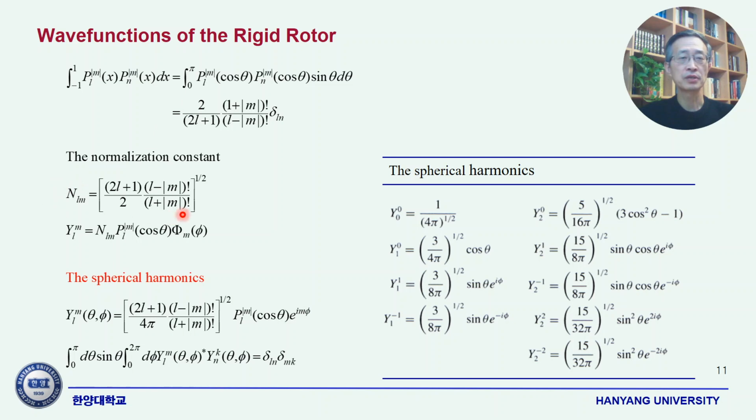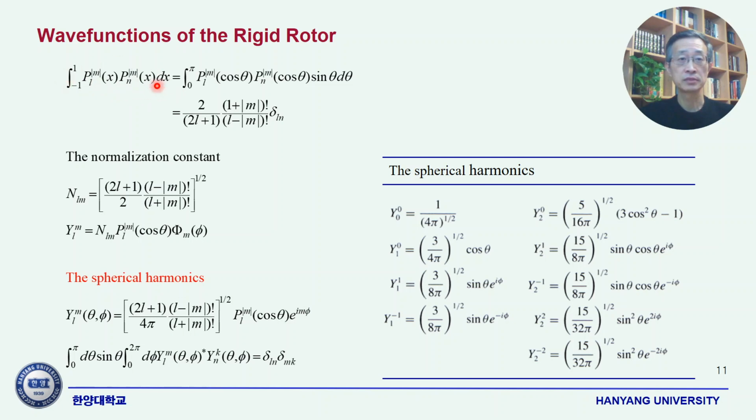This normalization constant comes from this integration. The range is what? x is cosine theta, so theta goes from 0 to pi, which is minus 1 to 1.